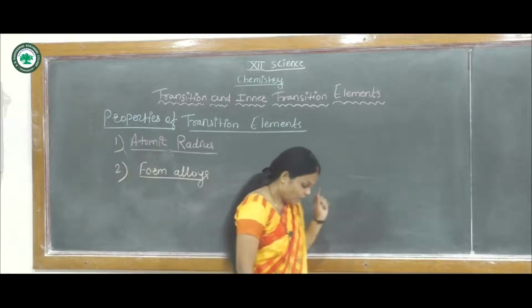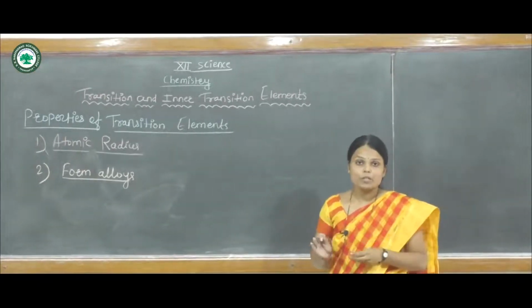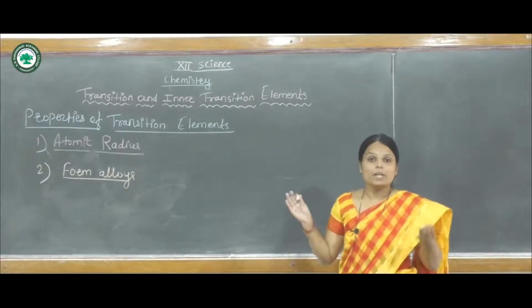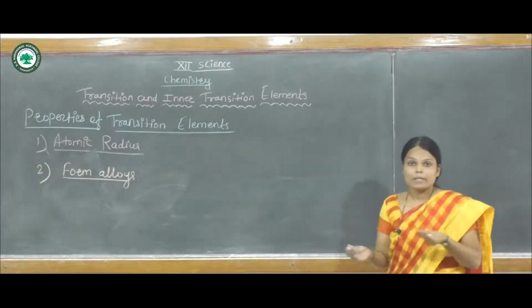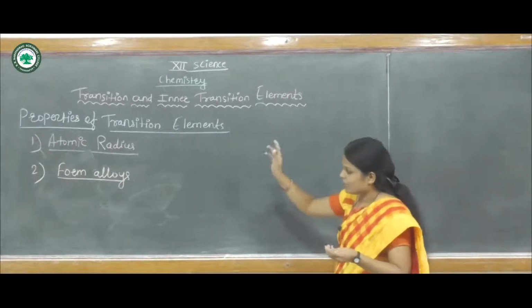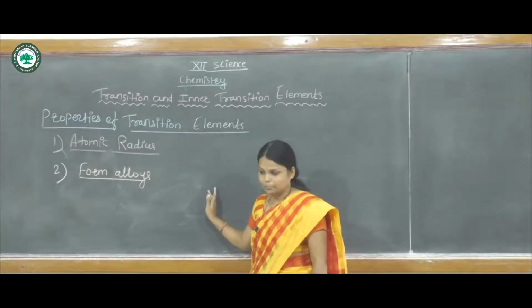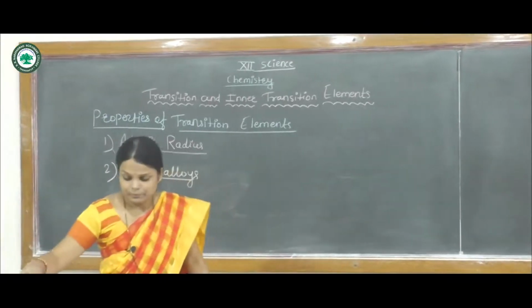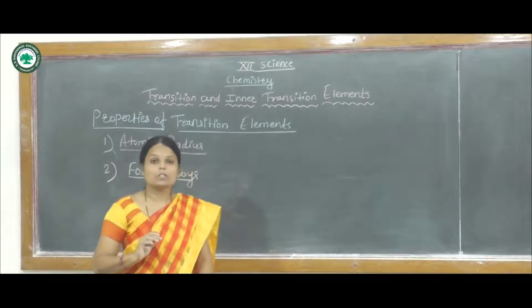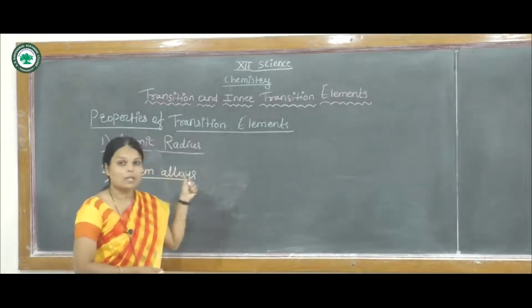An alloy is a homogeneous mixture of metals. Alloy means a number of metals can be mixed with each other to form an alloy. Transition elements can form alloys because they have almost similar size and are smaller in size, and that's why they can form alloys.